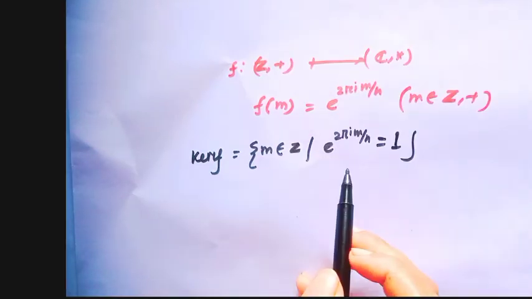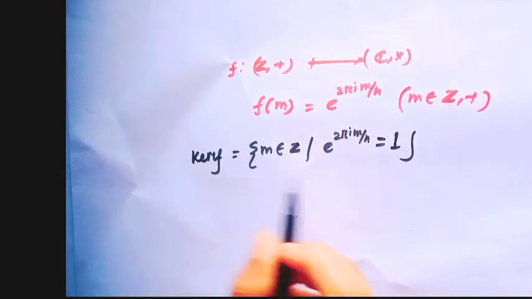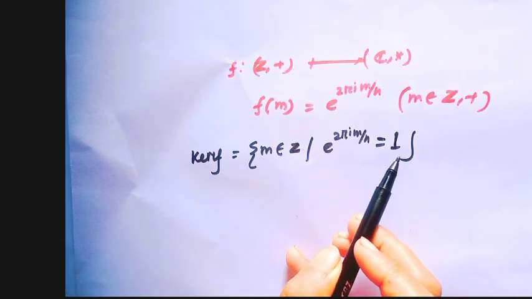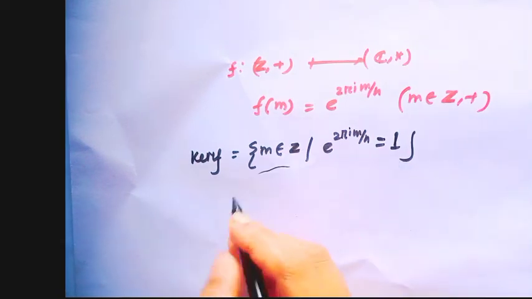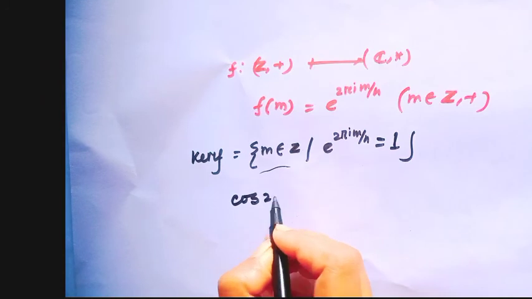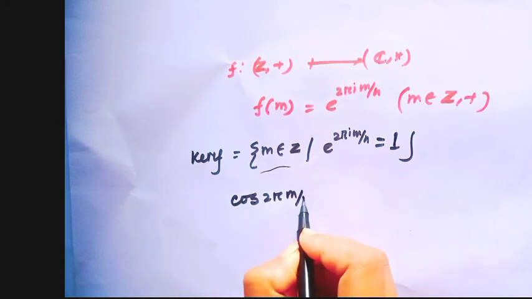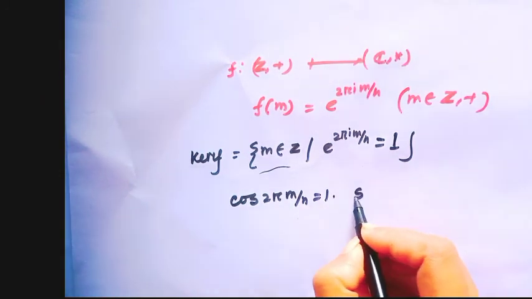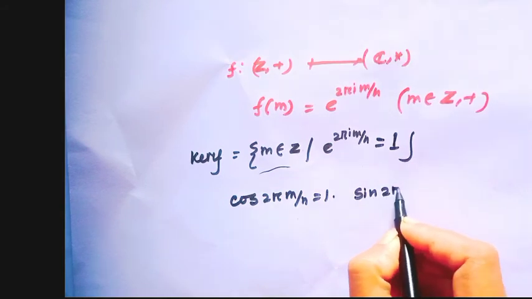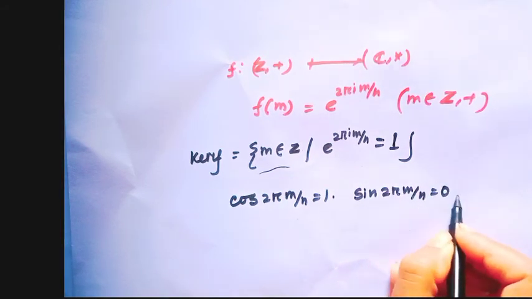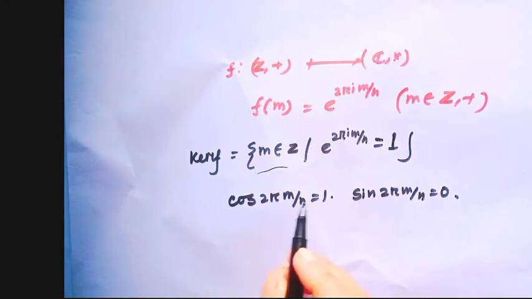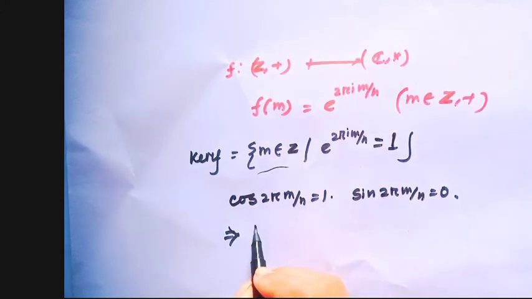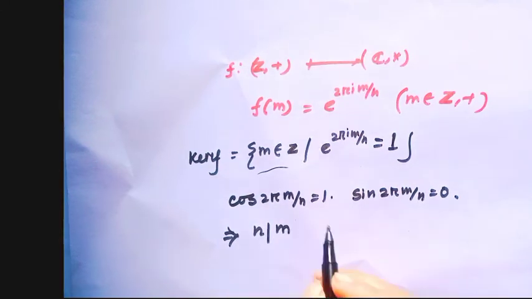From this line, we can tell, since e to the power 2 pi i m over n equals 1, so cos 2 pi m over n equals 1 and sin 2 pi m over n equals 0. From this, it also implies n divides m.